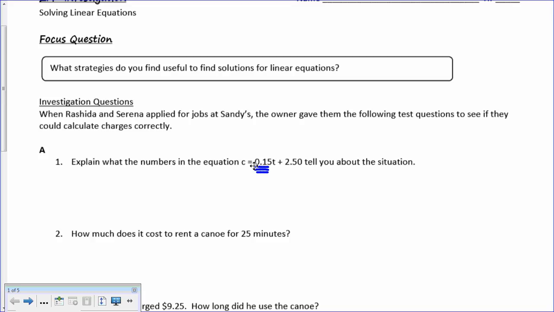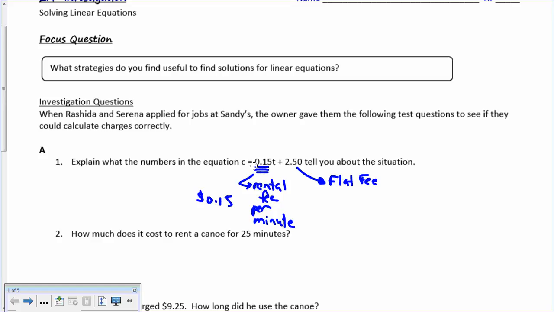This is something about cost per minute, so obviously some kind of rental fee per minute. At 0.15, it's 15 cents per minute to rent the boat. So that $2.50, which is also rolled into the total cost of renting the boat, has got to be some type of flat fee, maybe like a maintenance fee, a usage charge, so to speak.